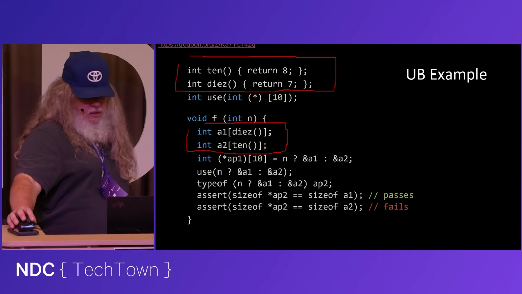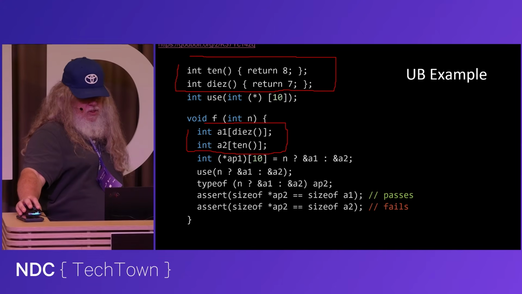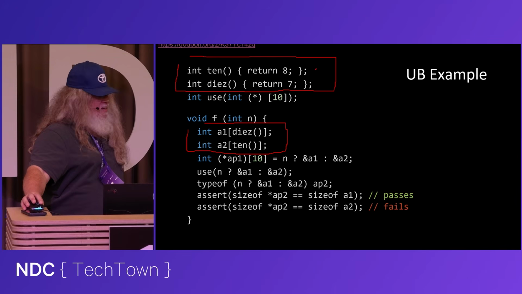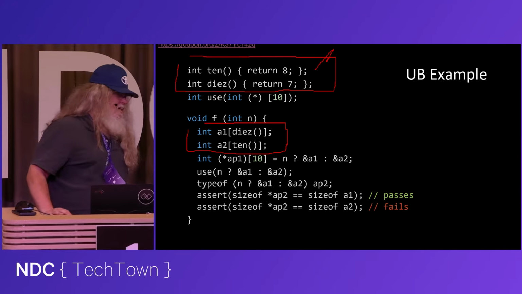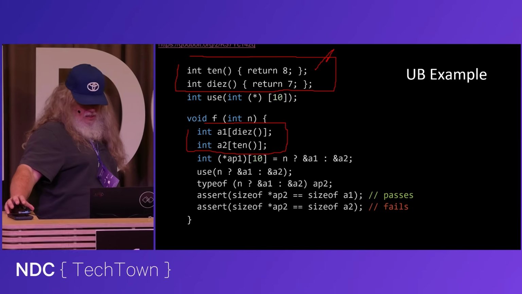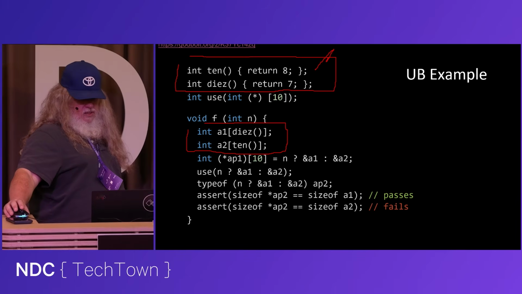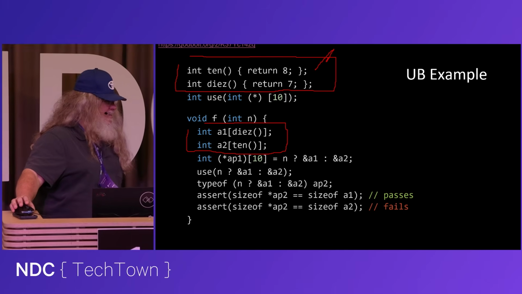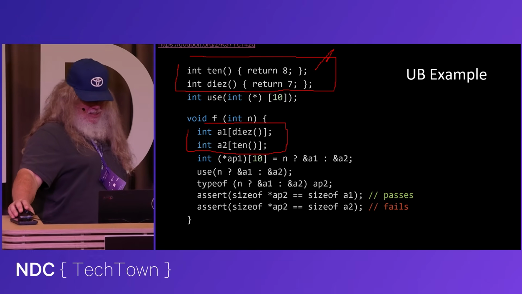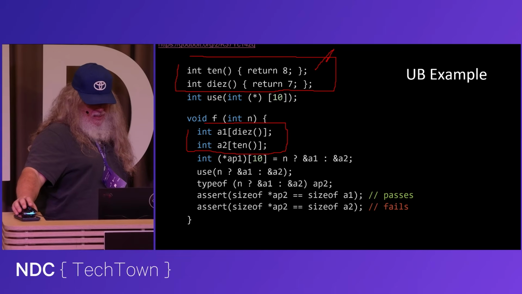And so here again, you can see that it's really not 10 in either case, right? It's 8 and 7. So they're not 10. They're different sizes, and the compiler doesn't know Spanish, so Diez doesn't mean anything. It's just an identifier. 10 is the same. It's just an identifier. It doesn't mean anything.